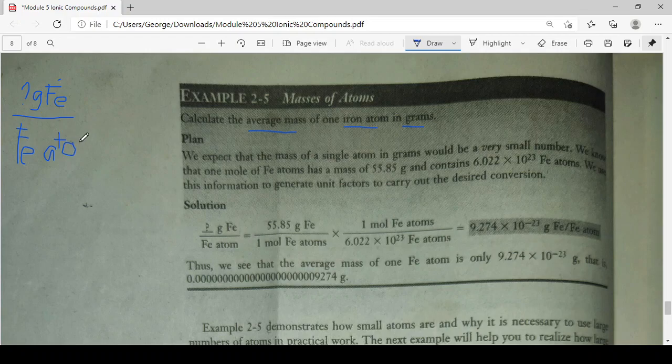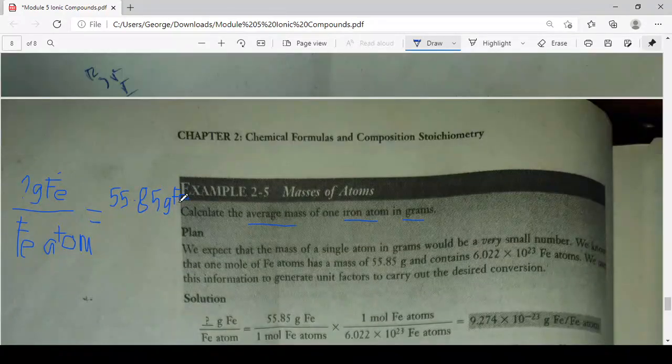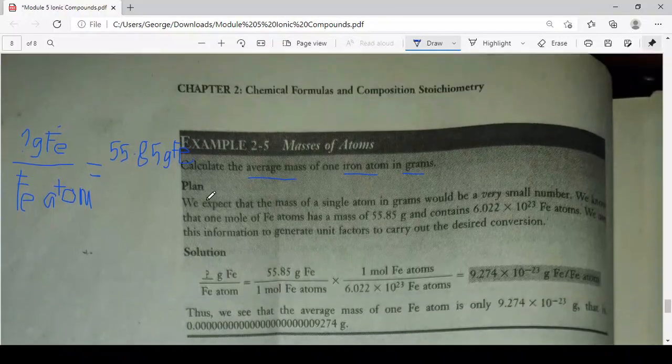Again, it is the atomic mass, 55.85 grams of Fe, from your periodic table. For every 55.85 grams, we have 1 mole of Fe atoms.